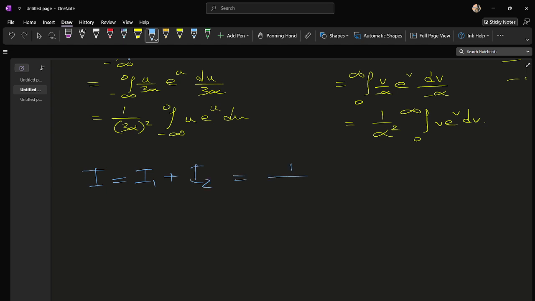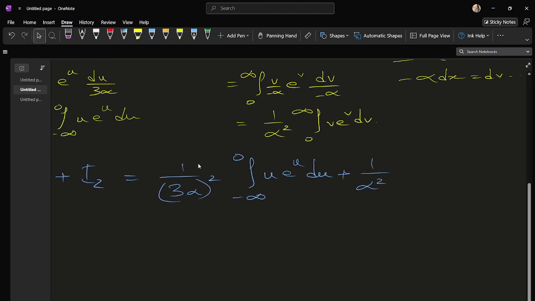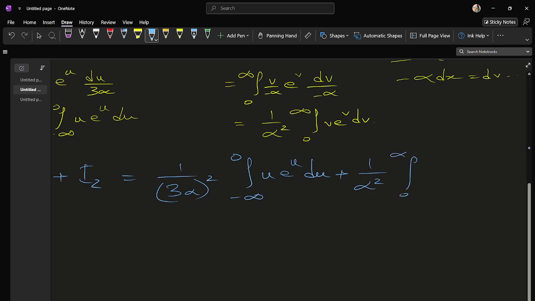That means 1 by 3 alpha whole square into the integral from minus infinity to 0 of u e to the power u du, plus 1 by alpha square times the integral from 0 to infinity of v e to the power v dv. The first evaluates to minus 1 and the second is 1 minus 0.